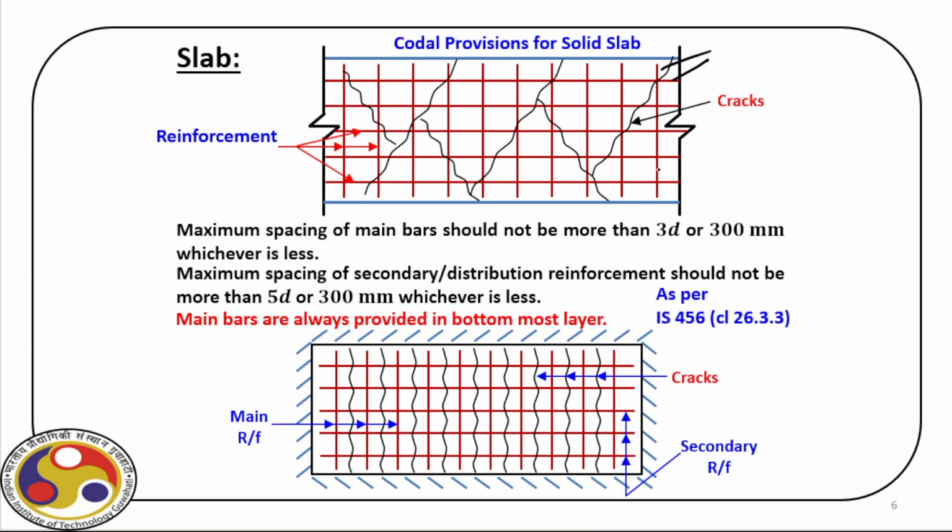For example, if we consider rebars along the shorter direction, these are the rebars, and this distance is the spacing between the rebars along this direction. Now, the maximum spacing allowed for the main rebars should not be more than 3d or 300 millimeter, whichever is less.